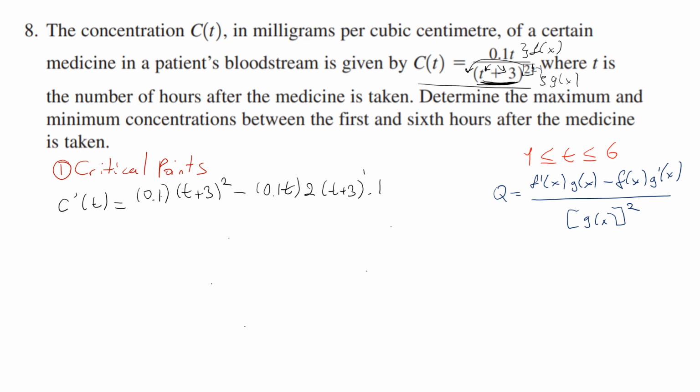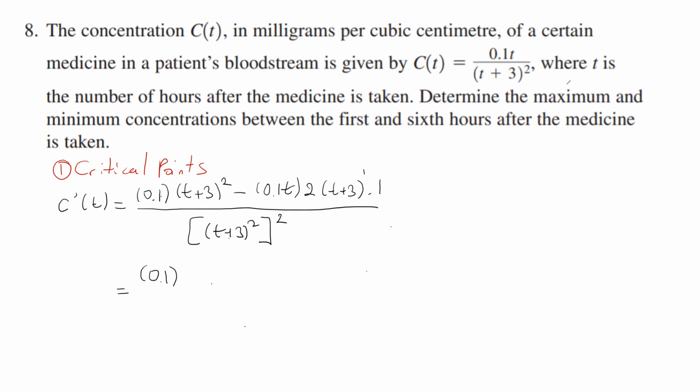Now that I'm done with my numerator, I'm going to start my denominator. Since my g(x) is (t + 3)^2, all I need to do is square this. So I'm just going to simplify it from here. I'm going to expand that (t + 3)^2, which will give me t^2 + 6t + 9.